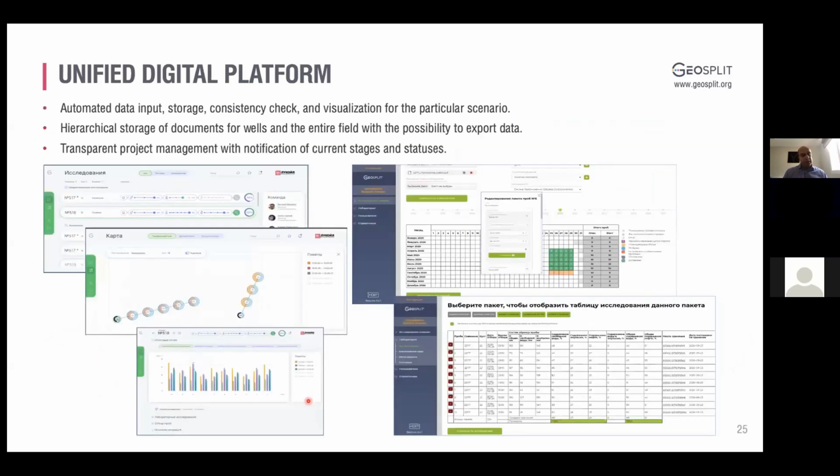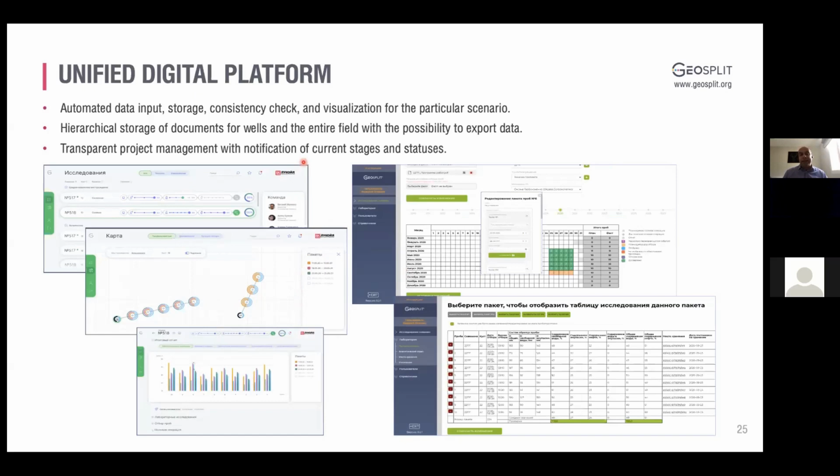This is the last slide, just showing the typical inputs from the dashboards of the unified digital platform. What we are trying to give the end user is business intelligence and analytics visuals that can allow the end user to better understand the data and make decisions. Obviously, the input is now automated.